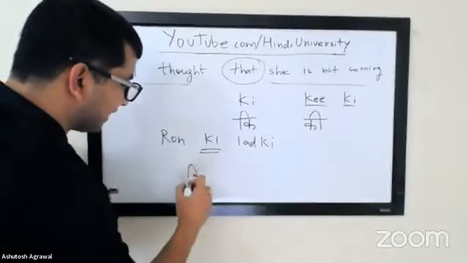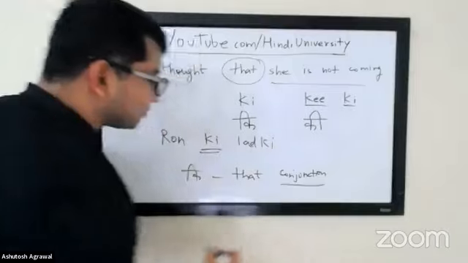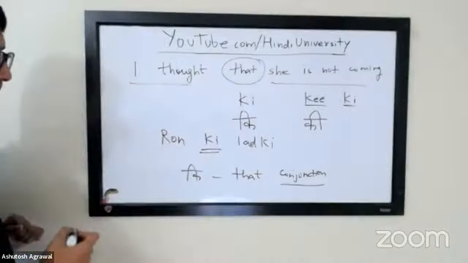Can I, Ashu Ji? Yeah, please go for it. Ki with the small i means that. Okay, so the small ki is that, which is a conjunction. Right, which is used when you are combining two sentences, versus this one. Ki is a possessive.